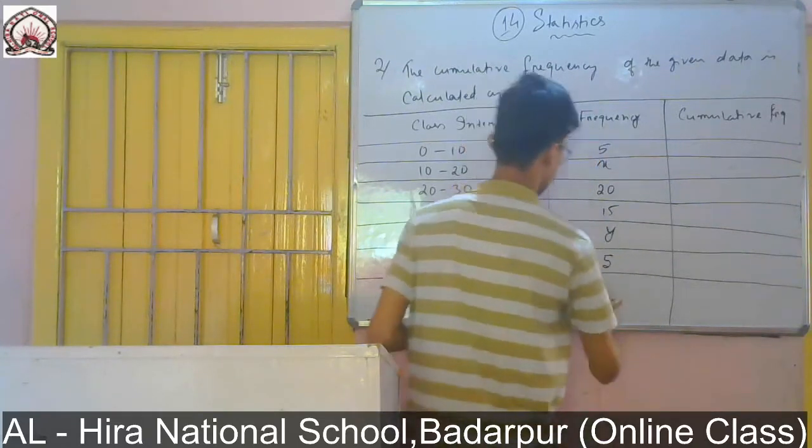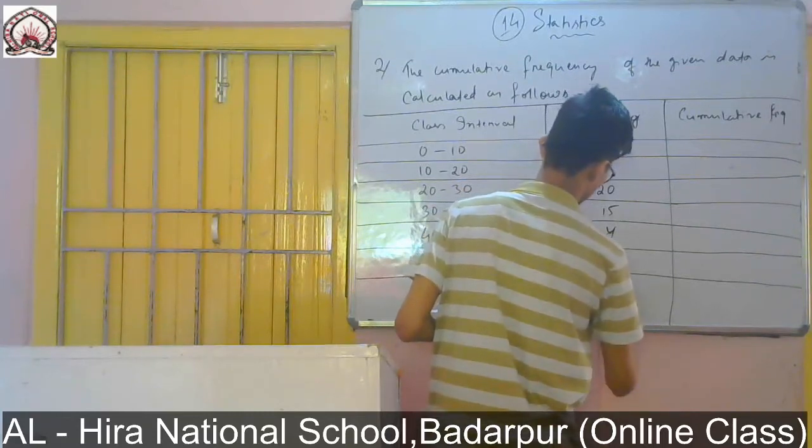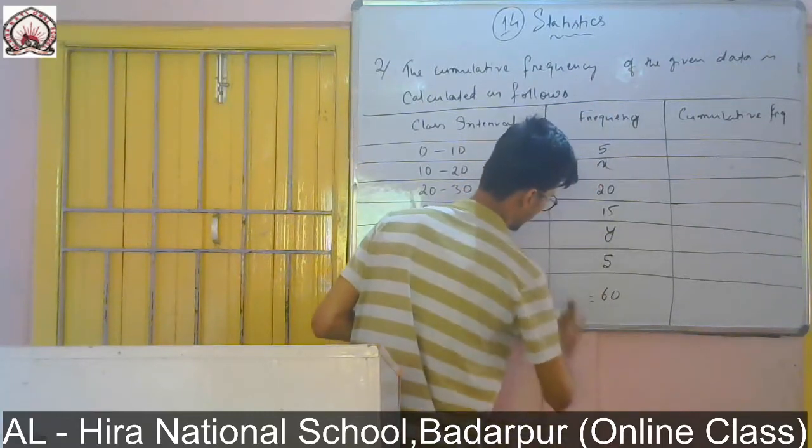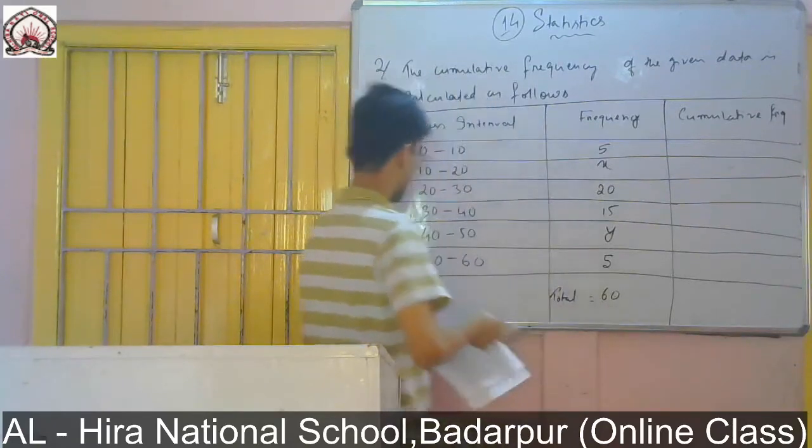Here the total is written as 60. That is the summation of frequency, given as 60, or you can write as in the book: total equals 60.